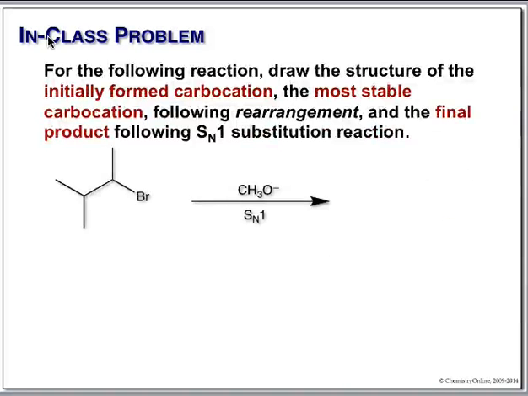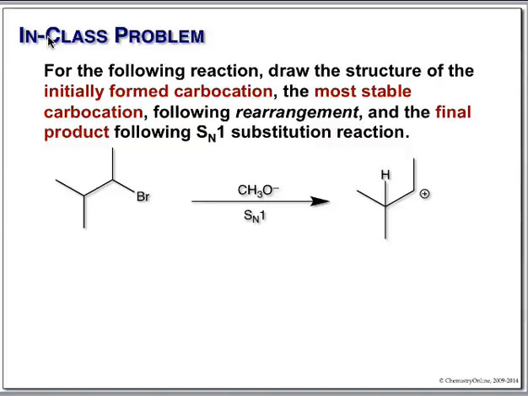Now we know if we're going to do an SN1 reaction, the first thing that's going to happen is this bromine is going to come off, and our initially formed carbocation is therefore going to be our secondary carbocation, looking like that. Now I put the hydrogen in just to make it easy to see, because our most stable carbocation following rearrangement is going to be at our tertiary center.